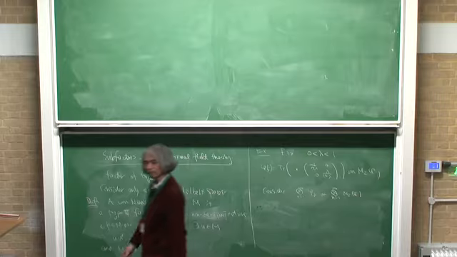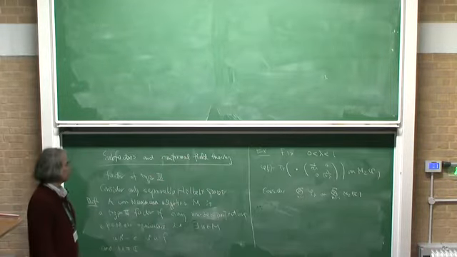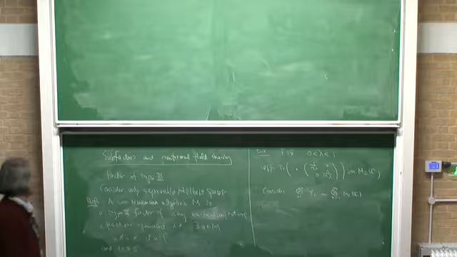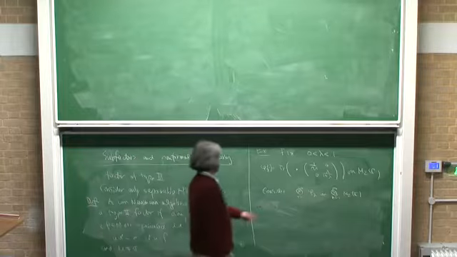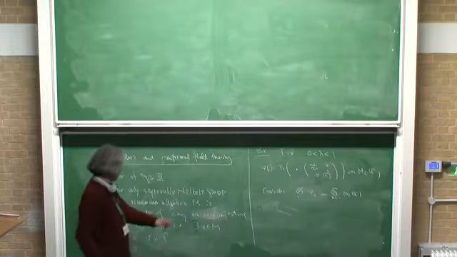We can make sense of this infinite tensor product as a certain C-star algebra, which is a closure of the union of finite tensor products. And so this makes sense.